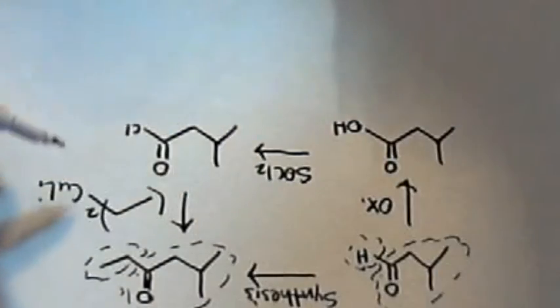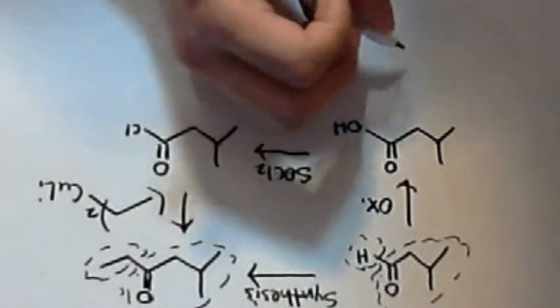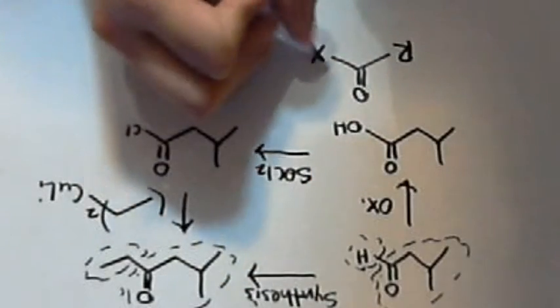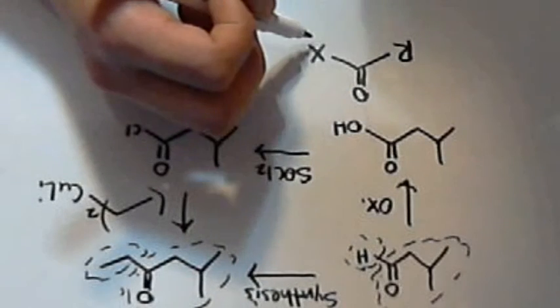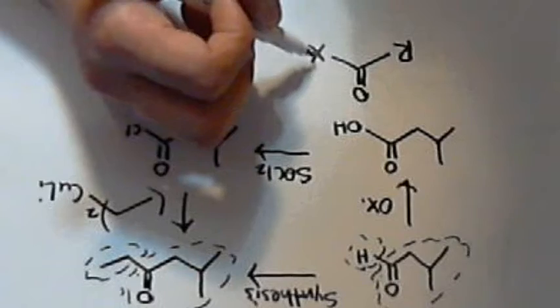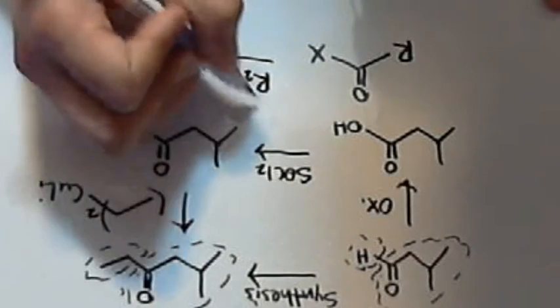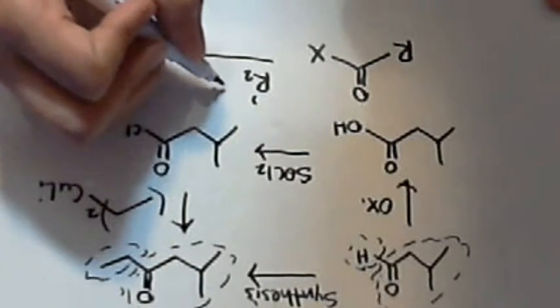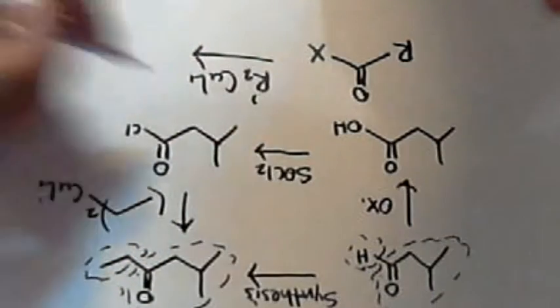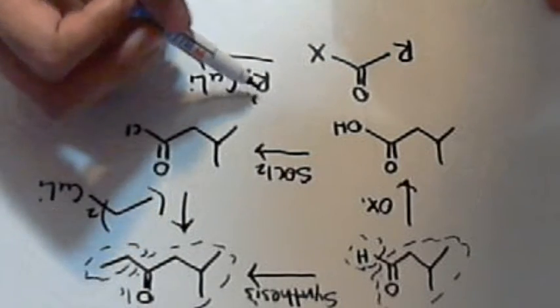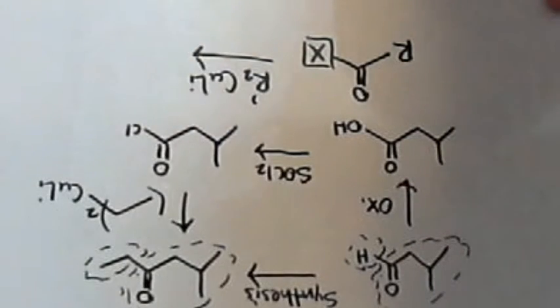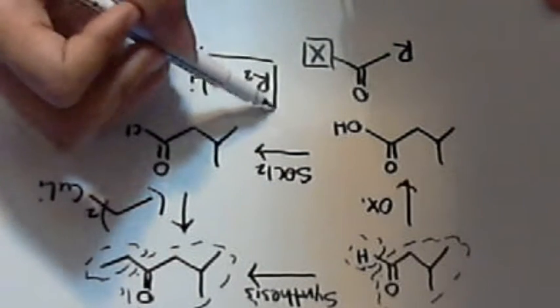So if you've never seen this reaction before, what it actually is: if you have any type of acid halide, which is a carbonyl with a halogen, this X is a halogen, and you add two of these alkyl groups attached to one copper lithium, all it does is it just replaces this halogen group with the R prime here.